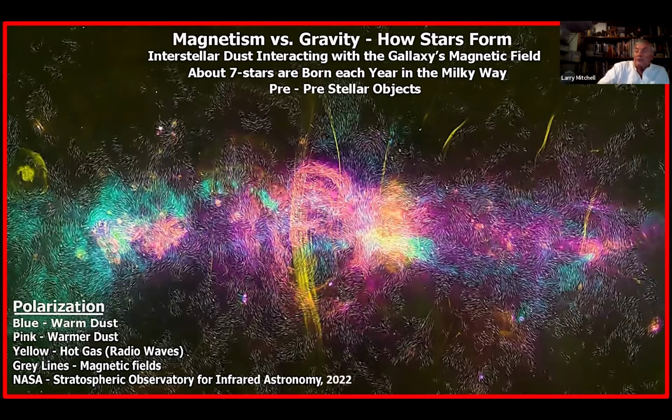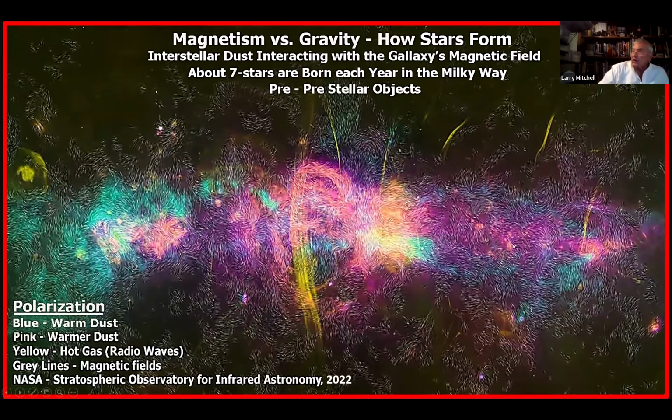And this gravitational collapse of this dust will form star clusters, open star clusters. So this is a picture of open star clusters before they even form, which is an incredible thing to be able to observe.